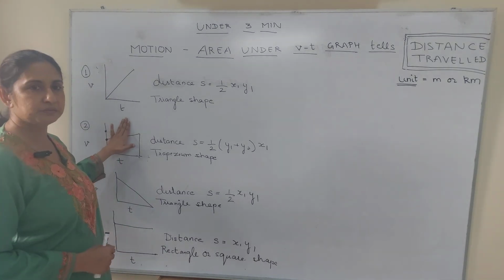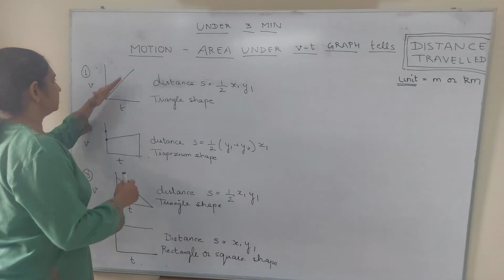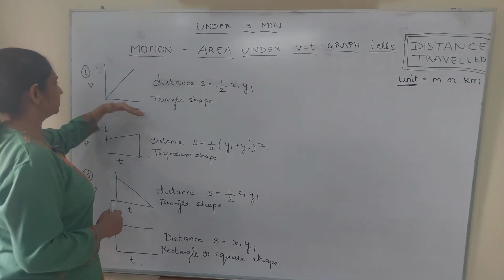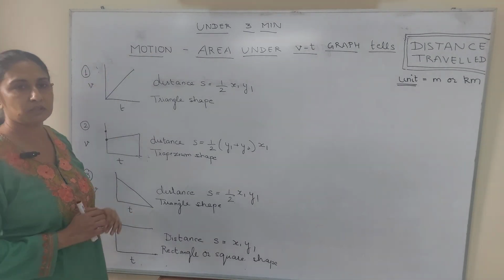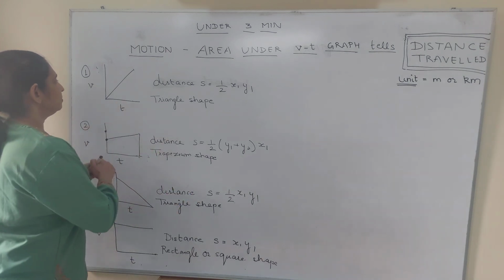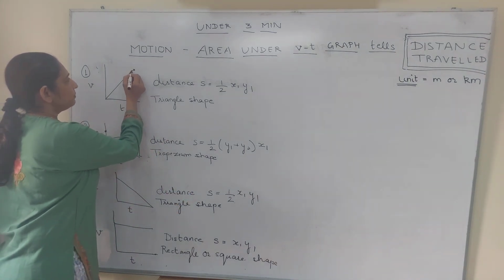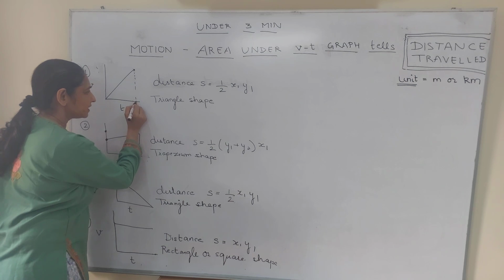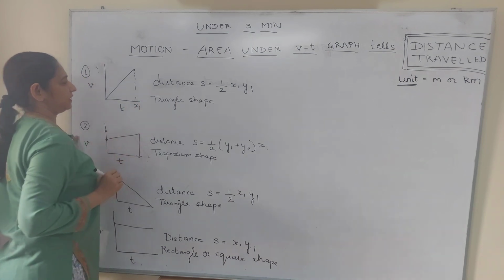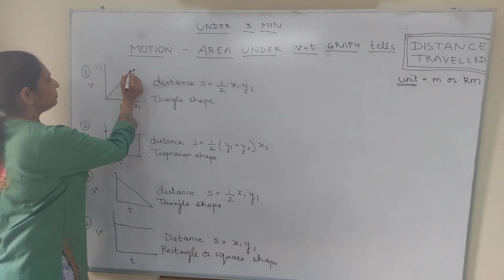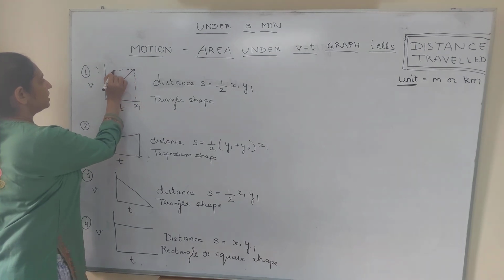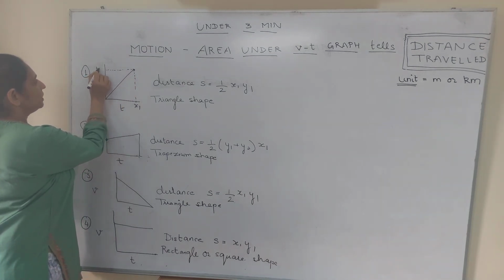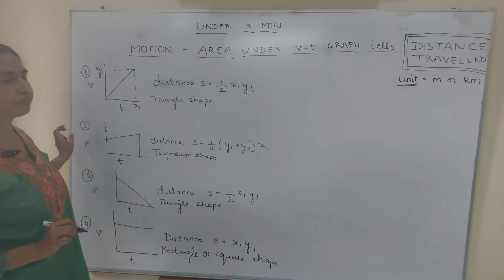So it's a VT graph. This is the graph given. The steady line is called the graph. All you have to do is take this point, get it down, call it x1. Take this endpoint, go left, call it y1.